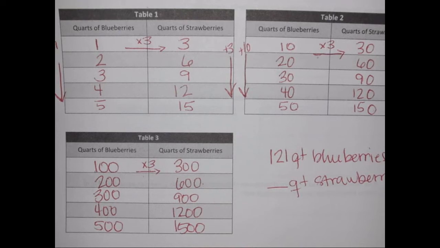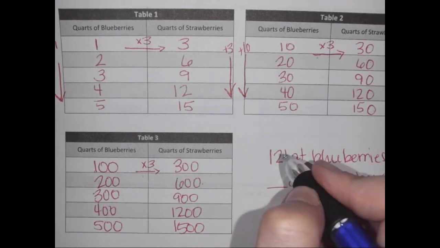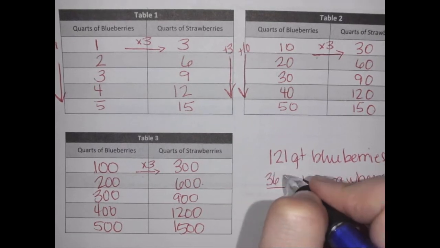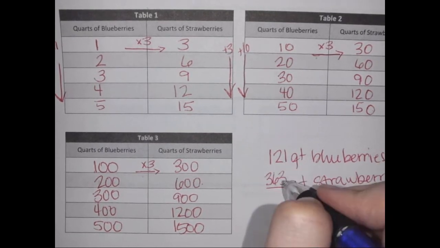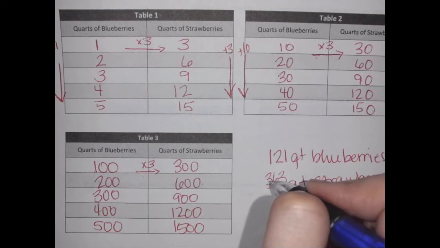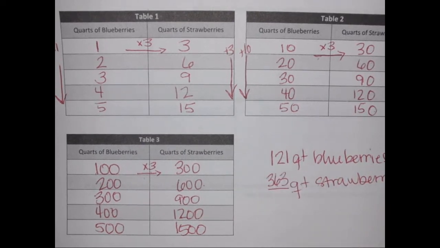Tony? 363. Because 1 times 3 is 3, 2 times 3 is 6, and 1 times 3 is 3. 363 quarts of strawberries.